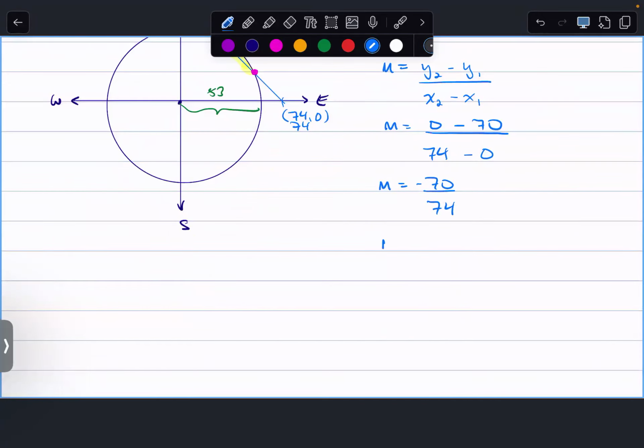Let's do negative 70 divided by 74 again. Here, I get negative 0.9459459, repeating.